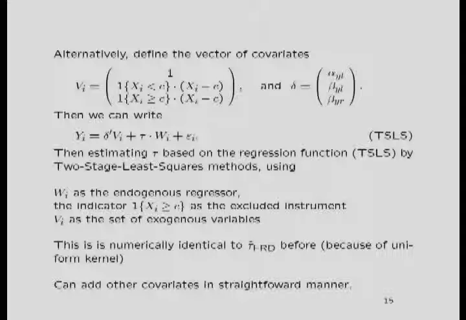Here, the advantage is that in the fuzzy case, we can interpret it as doing two-stage least squares, where we're trying to estimate the regression function given there in the 2SLS equation, using as the instruments Vi and the indicator for Xi being greater than c, and that's going to help us estimate the variance as well using this interpretation. Again, adding extra covariates here is going to be very straightforward in this two-stage least squares setup.